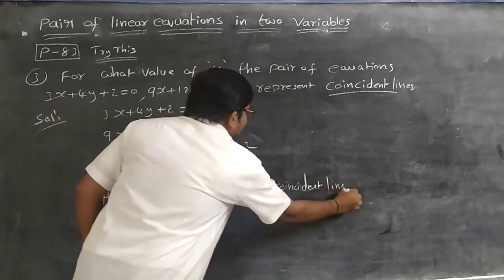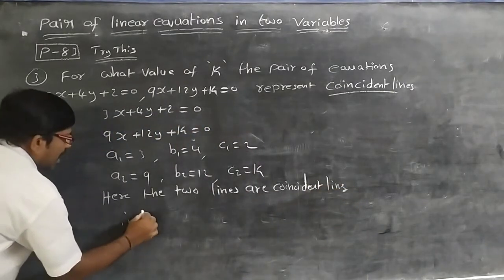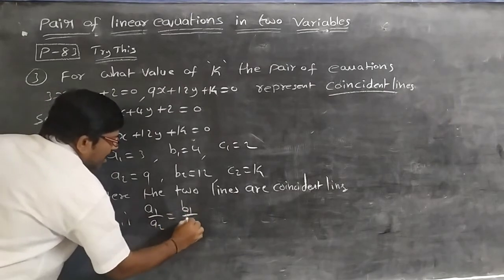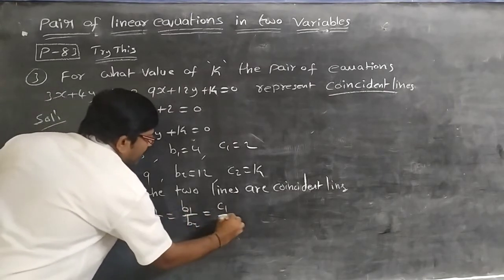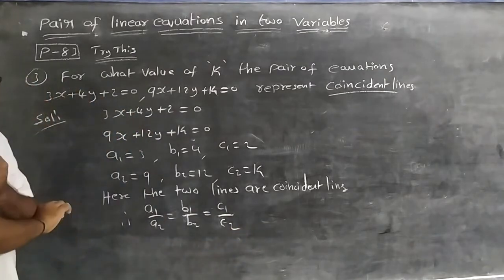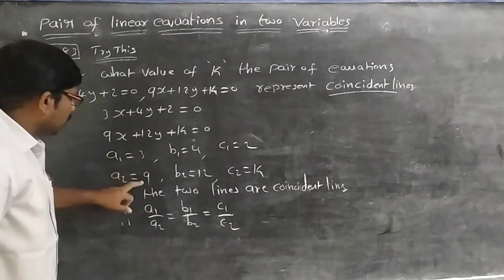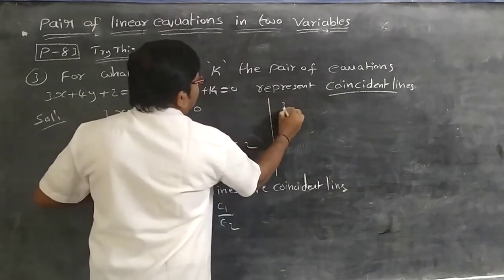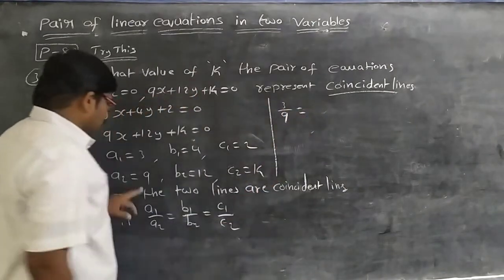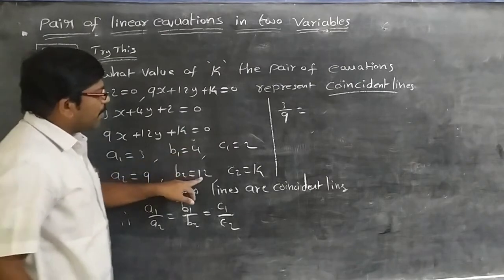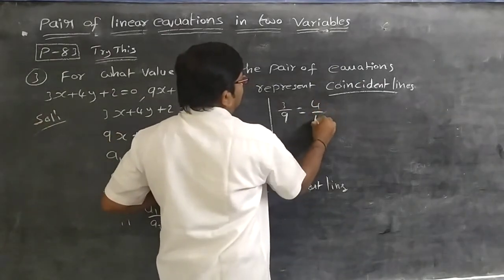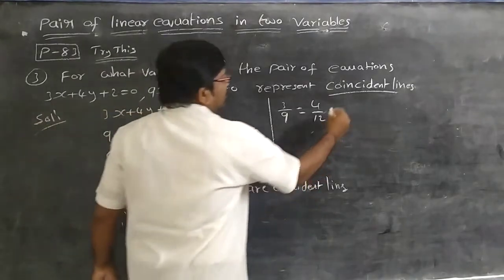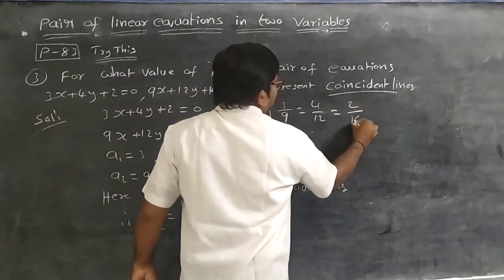Coincident lines. So therefore the condition is what? A1 by A2 is equal to B1 by B2 is equal to C1 by C2, right? So here A1 by A2 is 3 by 9, is equal to B1 by B2, 4 by 12, is equal to C1 by C2, 2 by k, right?